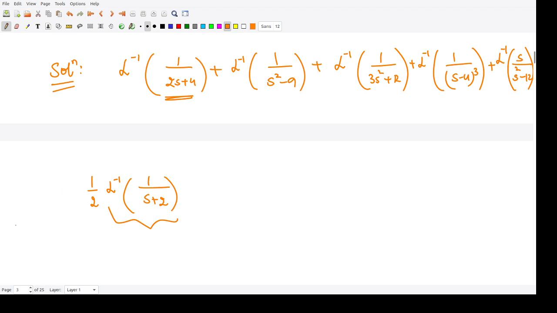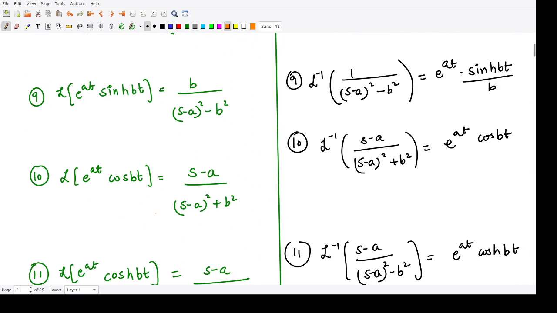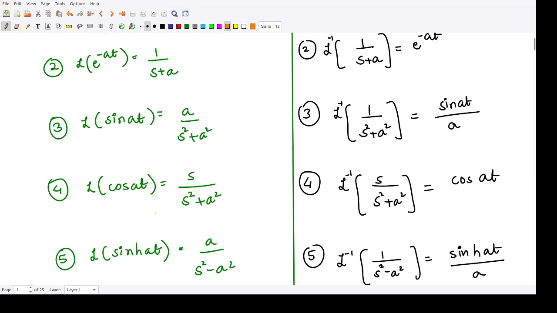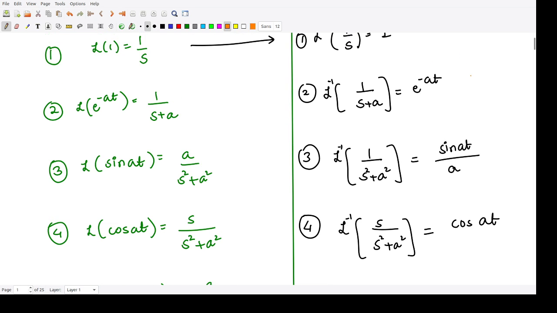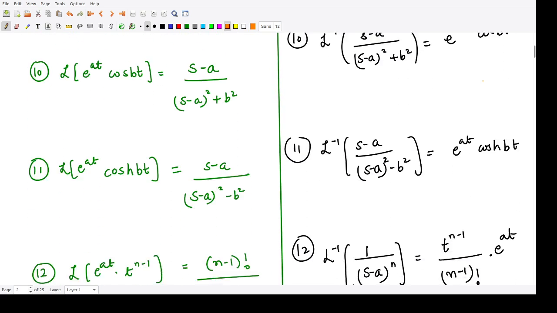It is equal to e to the power minus 2t, because of the given formula. What was the formula? Because of this first shifting property, using this result, we have the Laplace inverse of that first term.